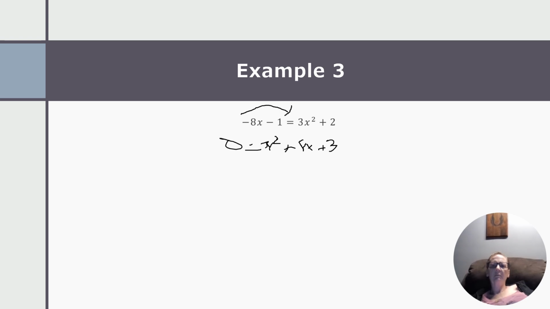So again, I'll write my a, b, and c off to the side. A is 3, b is 8, c is 3.